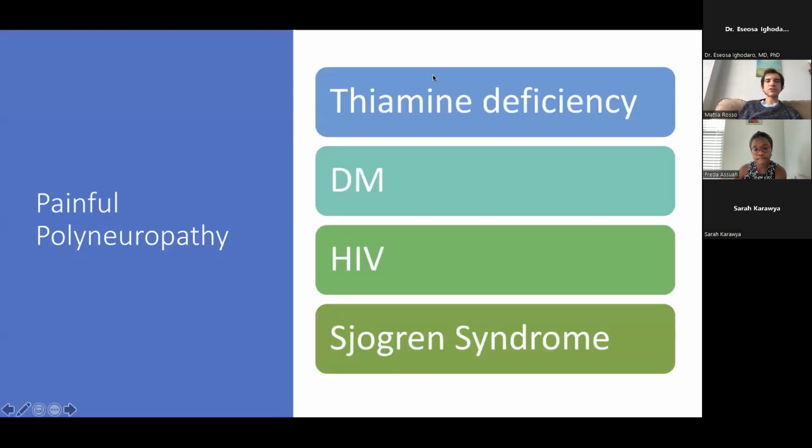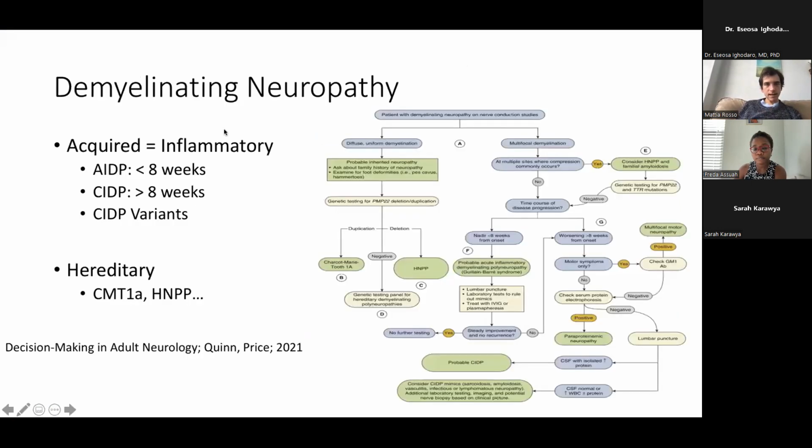So just a note on painful polyneuropathies. The list is huge. The ones I think about mostly are thiamine, diabetes, HIV, Sjogren. And then we can just chat about demyelinating neuropathies. And unfortunately, I have the question that I wanted to ask on the slides, so it's giving it away.